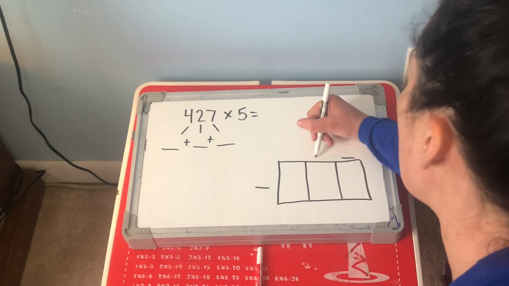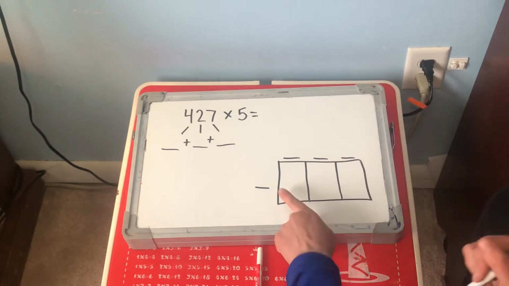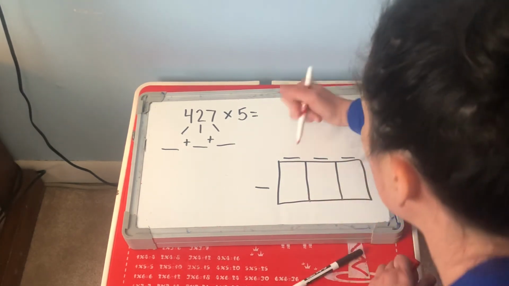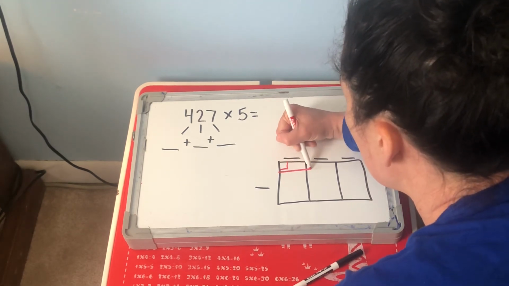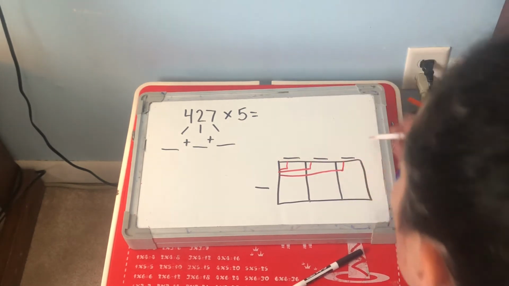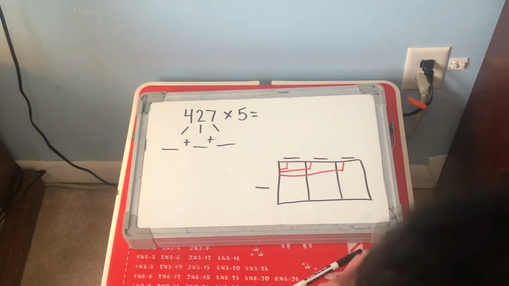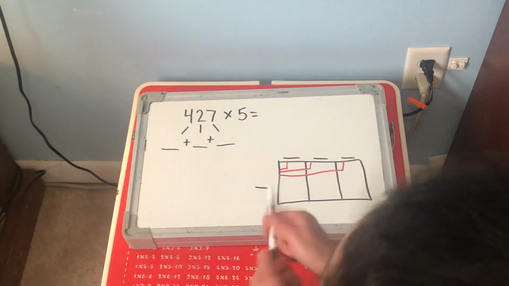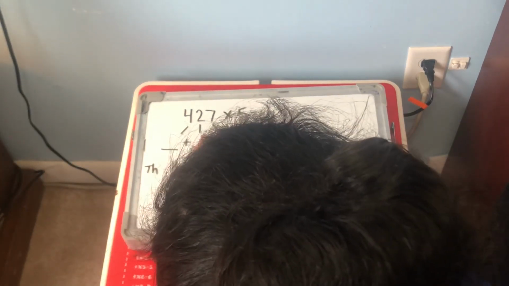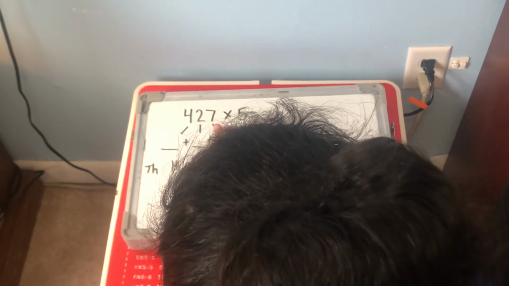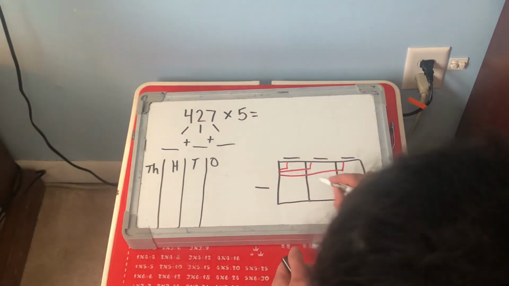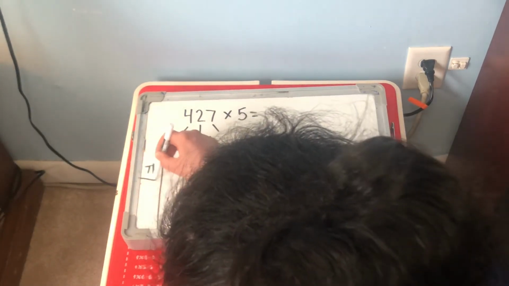Put your numbers there. And once you have multiplied your boxes, like this, you are going to create your place value chart. Thousands, hundreds, tens, ones, and you will have not 2, but 3 partial products to add up to get your answer.